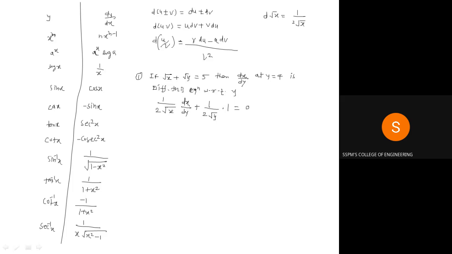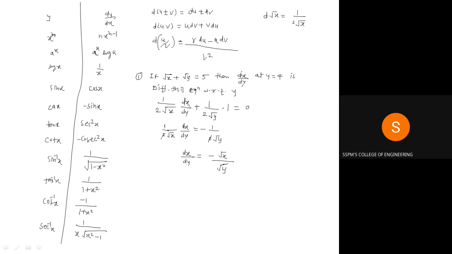Yes, from this expression to find the value of dx by dy. So 1 by 2 root of x times dx by dy equals minus 1 by 2 root of y, after exchanging the terms. ये 2 और ये 2 cancel हो. So dx by dy is minus root of x upon root of y.